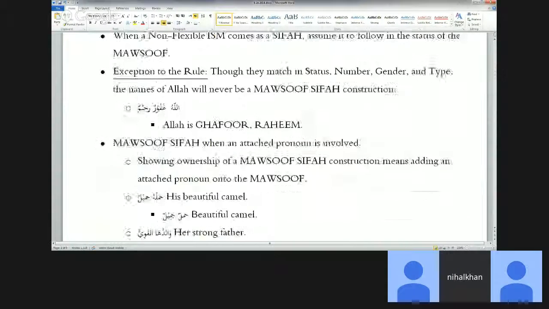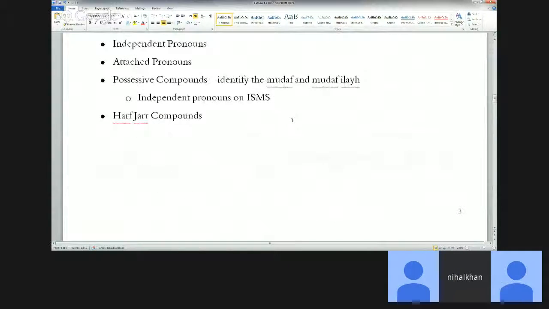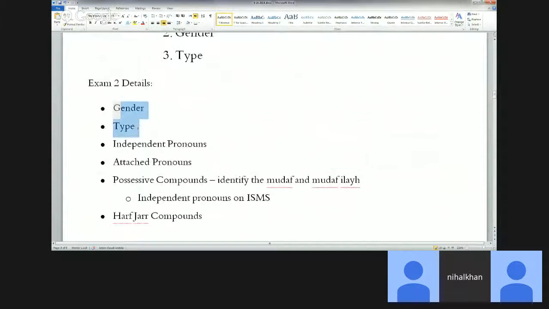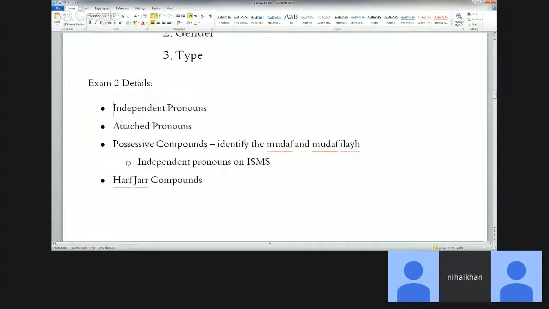And again, I'm just going to go over what's going to be on your exam. On your exams, you're going to have to do gender and type. Independent pronouns, attached pronouns, possessive compounds, basically identify the mudaf and mudaf ilayh. How do independent pronouns function on isms?